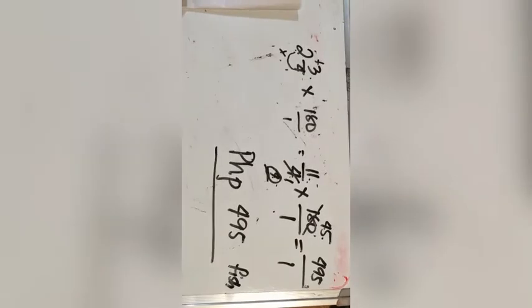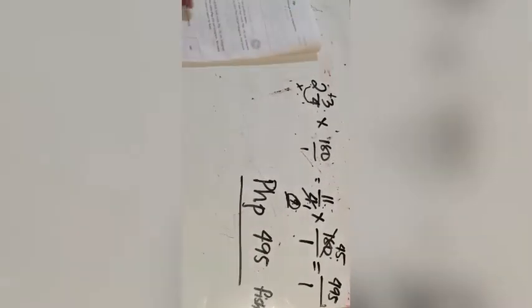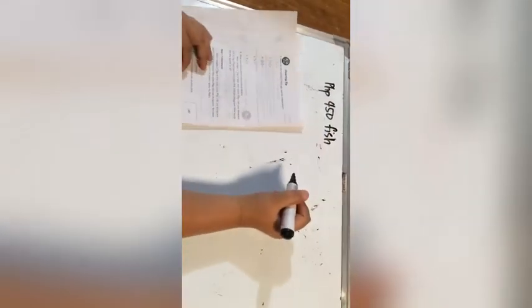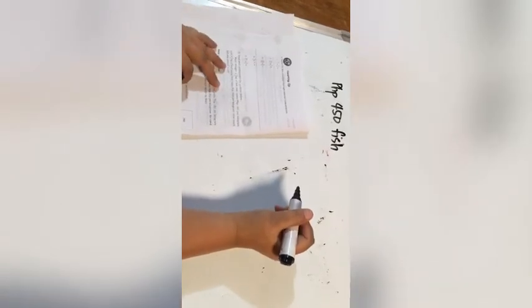Now, for the beef, you have 3.5 kilos. Okay? Remember, 450 yung fish natin. 450 ang fish. This is for the fish. Let's try to get the total cost of the beef.